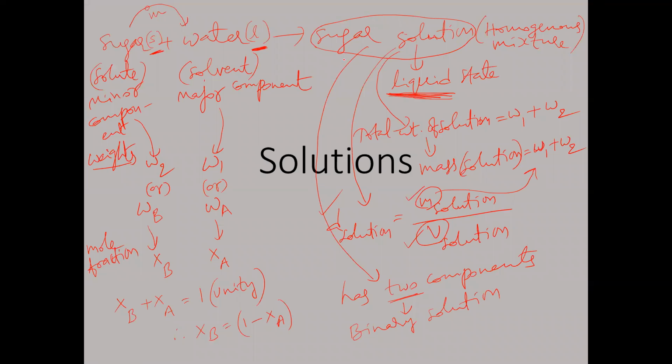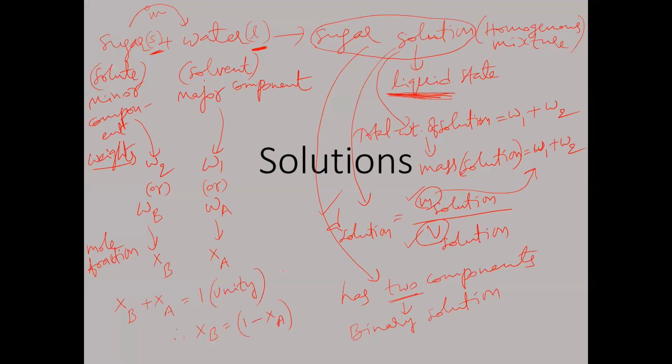Now imagine to this sugar solution we have added some salt. Now how many components are present? 3 components. The sugar solution contains sugar plus water, and we added salt. One component salt, one component sugar, one component water. 3 components.